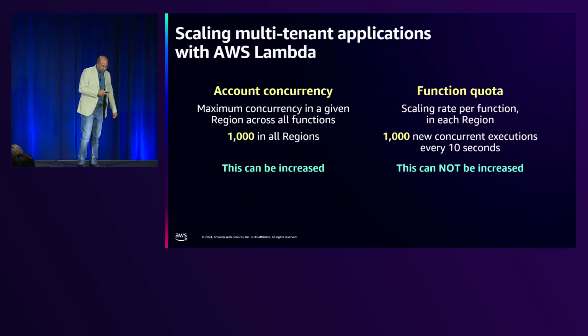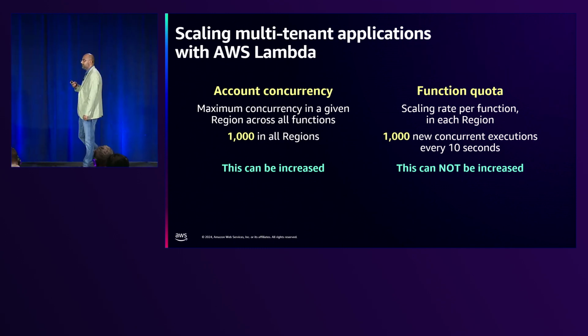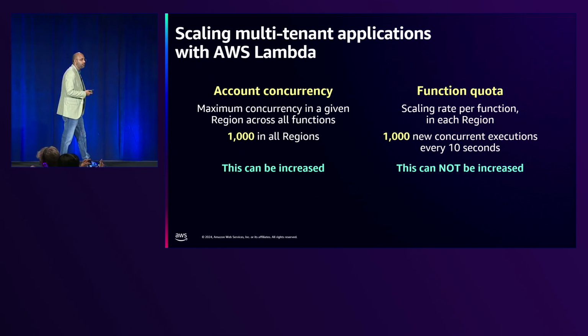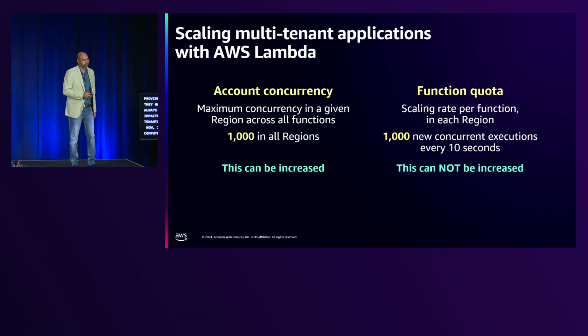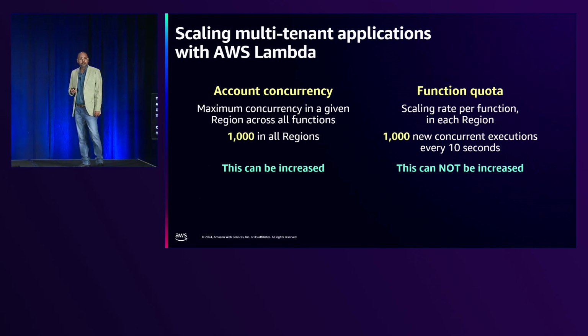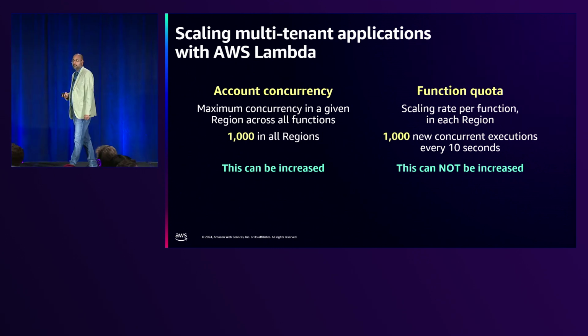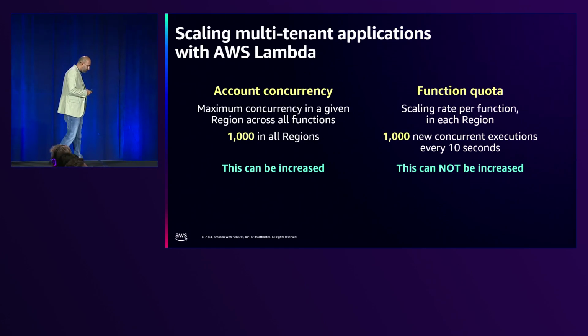Now, if it is a traditional EC2 compute or a container compute, then one of the options could be you have a dedicated cluster of EC2 and then have auto scaling configured for those premium tier customers or tenants, or you can have a dedicated container cluster provisioned for those premium tier tenants.